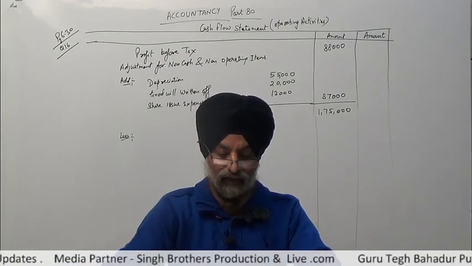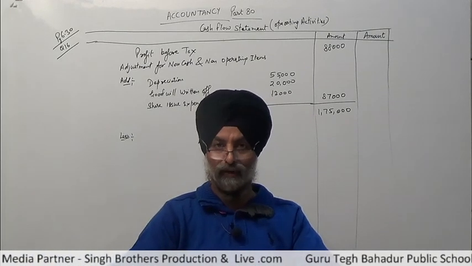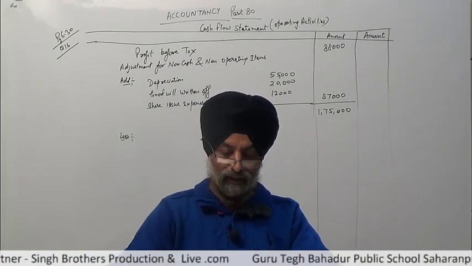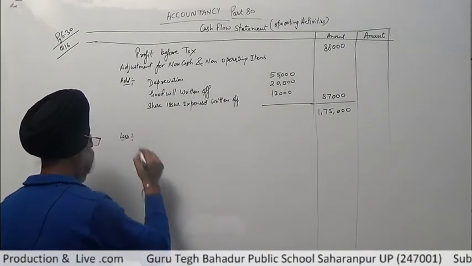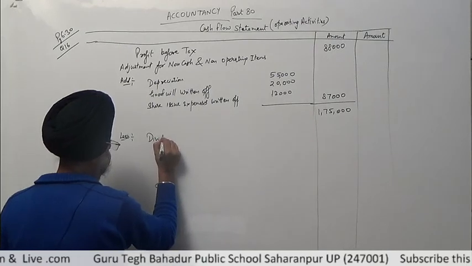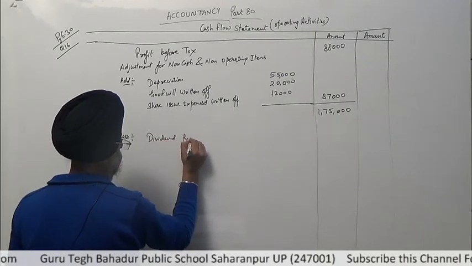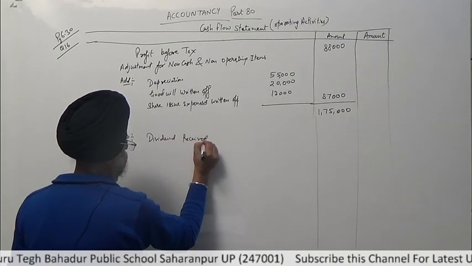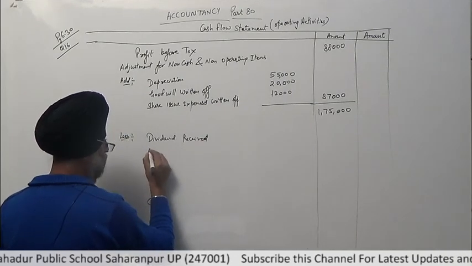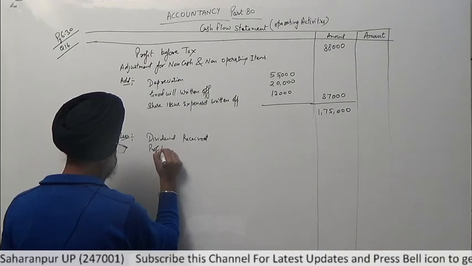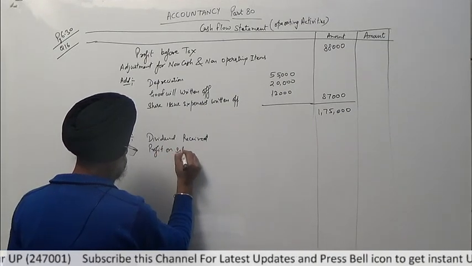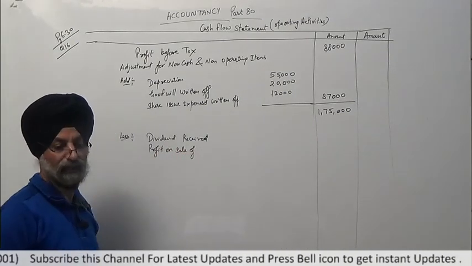So the profit is 1,20,000, but this profit is not operating profit. Also dividend received is not operating profit. So take this dividend received, this is a non-operating item, and profit on sale of building.